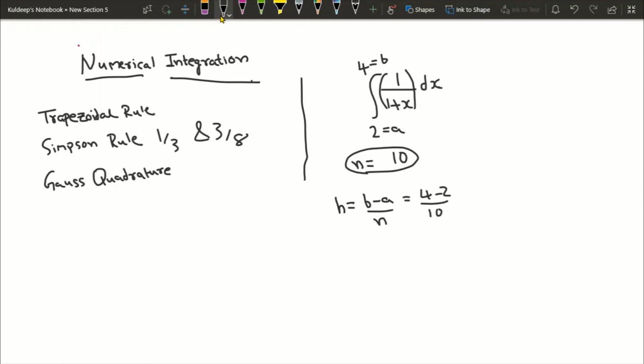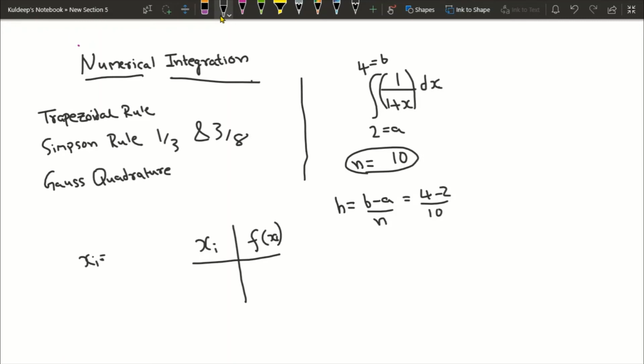Then I have to make an array of x and f of x. This will be xi and this will be f of xi.